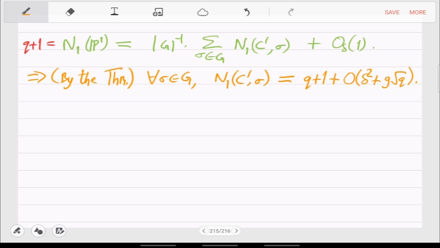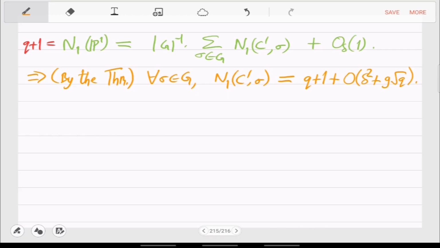We are getting big O of delta square because of this O delta 1 error, which is essentially bounded by the resultant argument we saw last time, the points that ramify. And the O G root Q we are getting because of the theorem. The theorem had that much error, and that was on the positive side. On the negative side also, the error cannot be worse than this, because if it went worse, then the average cannot come out to Q plus 1.